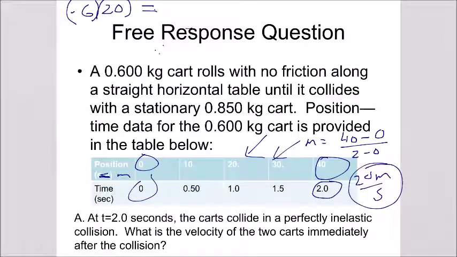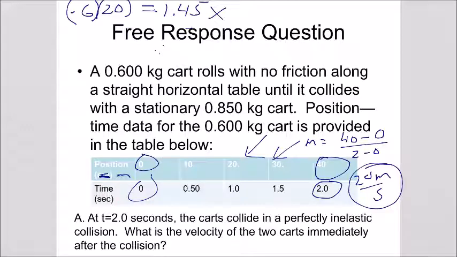Now this is an inelastic collision, which means the two carts hit and stick together and move off as one object. So the total mass is the combined mass, 0.6 plus 0.850. That's 1.45. And they're moving off at some velocity that we don't know.